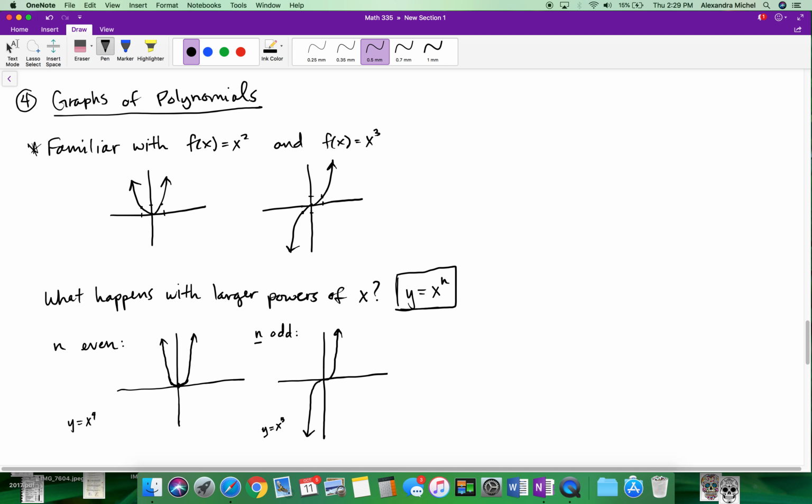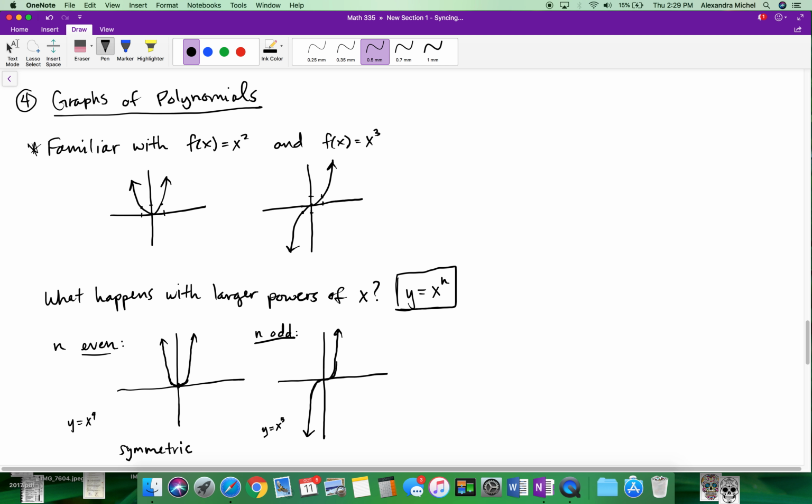When n is odd, so say we have y equals x to the fifth, we still have that flattening. It's getting more and more square-like towards the x-axis, but we're getting narrower as we go off to infinity and negative infinity. So we also might notice that the even powered ones are going to be symmetric, which we've also talked about.